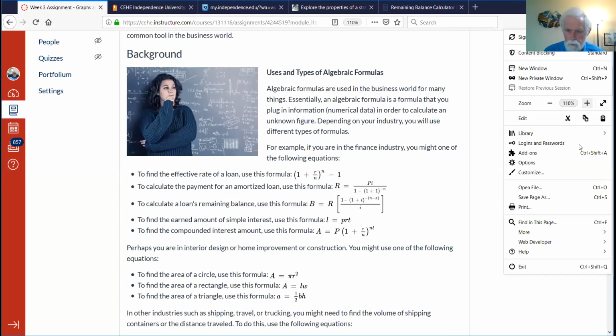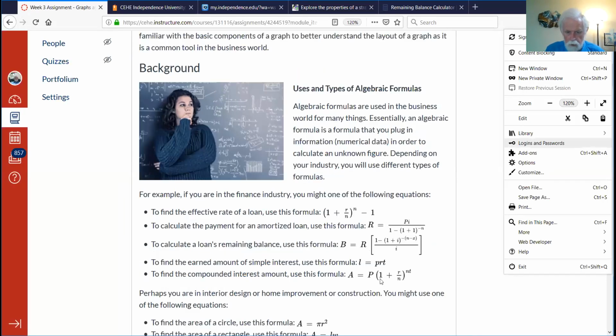Okay, good. This formula for the effective rate is 1 plus the actual stated rate.